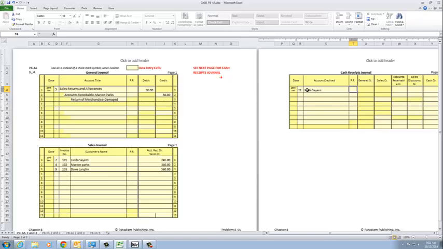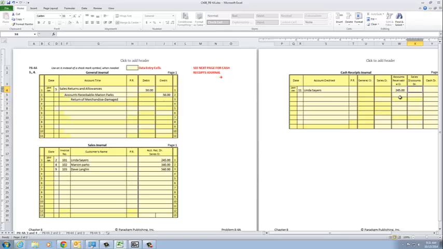If we look back at the original sale, Linda Sayers' sale was invoiced on January 2nd. She is paying us on the 11th, so that is within 10 days, so she'll get a 2% discount. First of all, we have to clear out the full $245 that she owes us, because we debited her accounts receivable account for $245, and now we're going to credit it to clear it out.